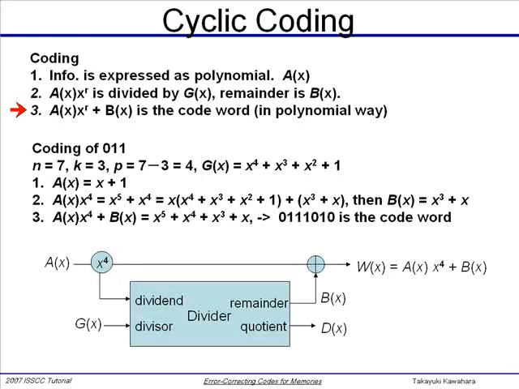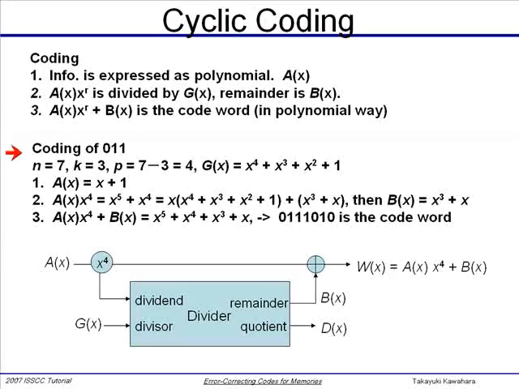So to remember: the information is expressed as a polynomial, multiplied by x to the power of r, divided by the generator polynomial, and the remainder is added. Example: encoding 011.